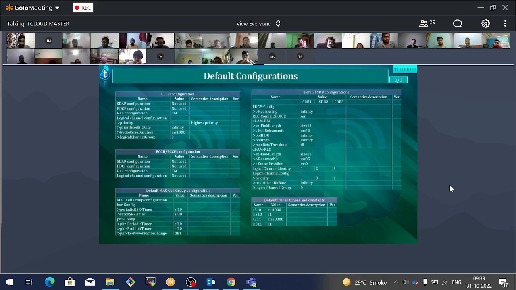So that is where, to break the tie, they have built in this concept called a default configuration. That is what we are seeing right now. At the starting, RRC won't configure any RLC. At the starting, these configuration parameters that you are seeing right now are used by default.